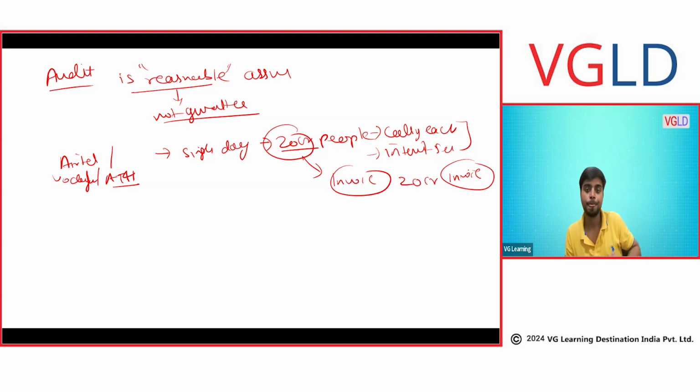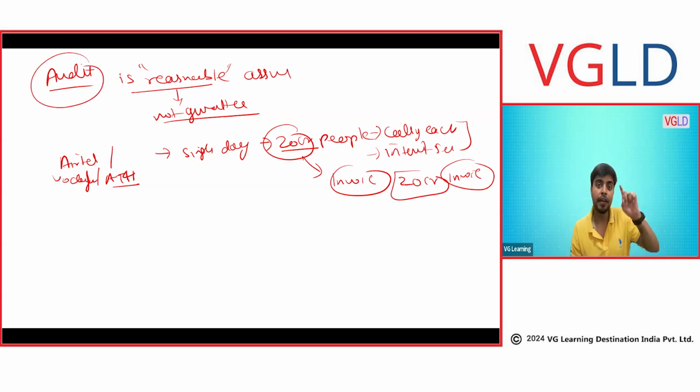Now, for an auditor, do you think that even if you combine all the audit firms in Delhi, they would be able to check the entire 20 crore transactions even in 1 month? So it's very, very time consuming. So what will you do?